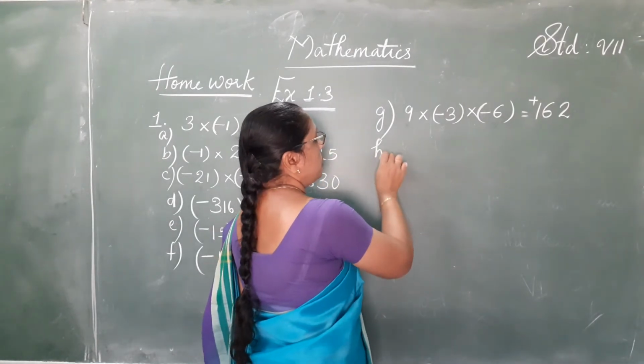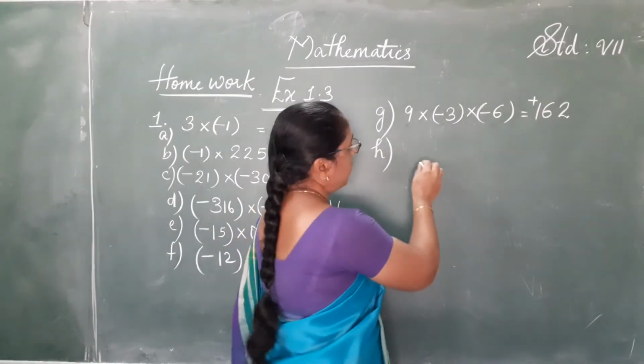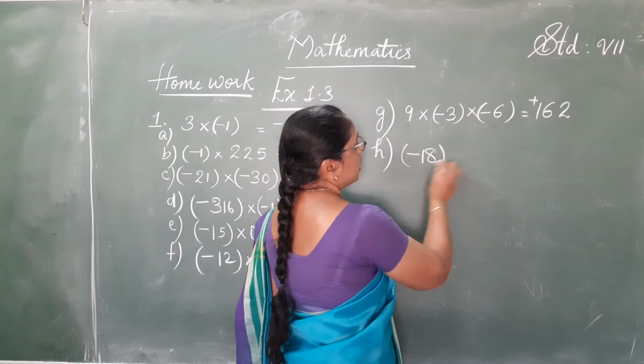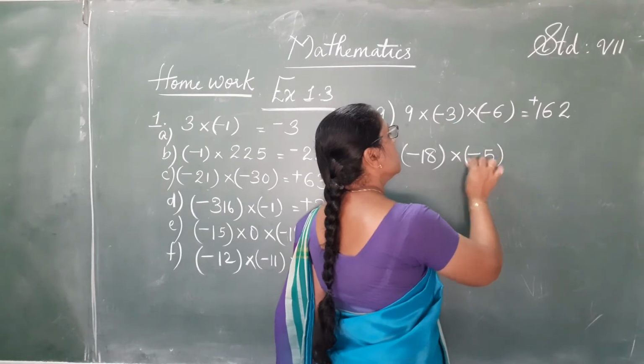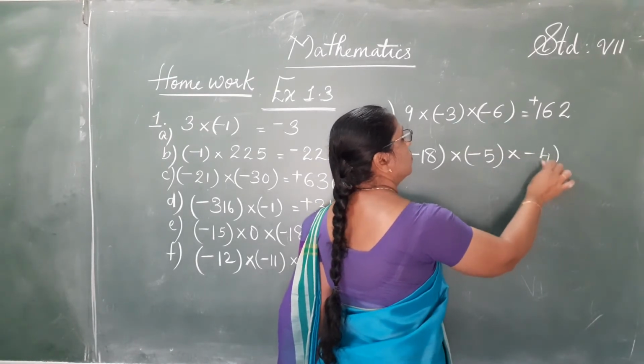Then H part: negative 18 into negative 5 into negative 4.